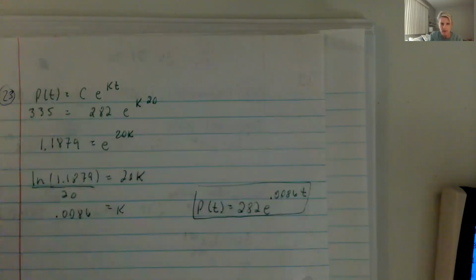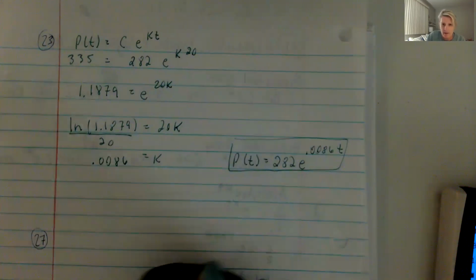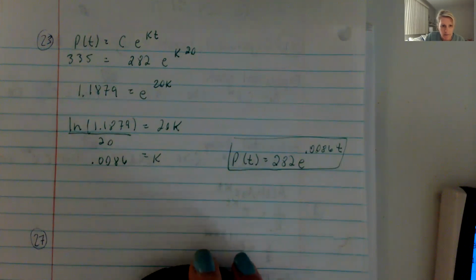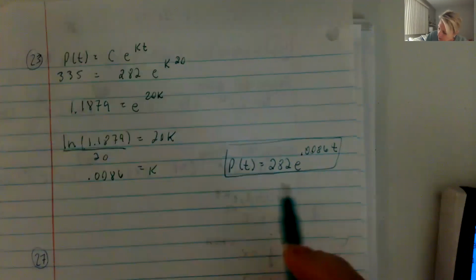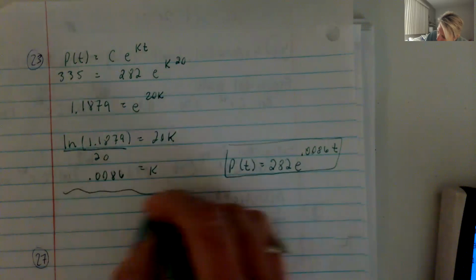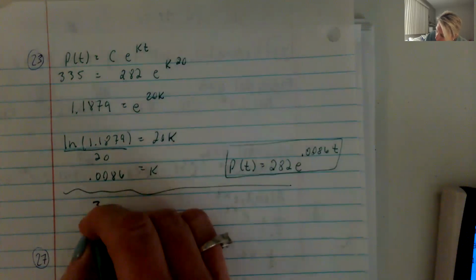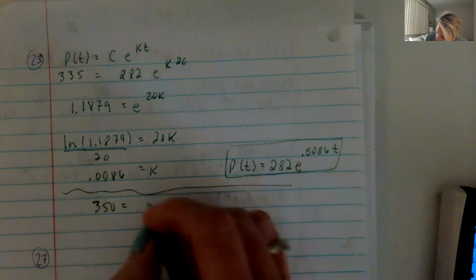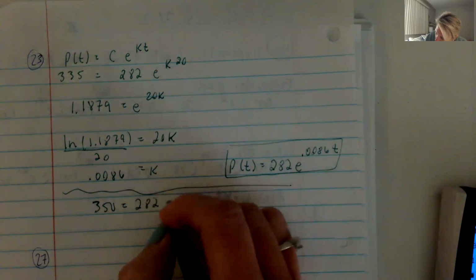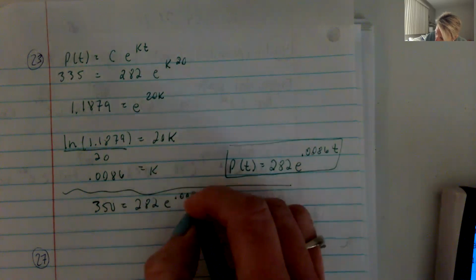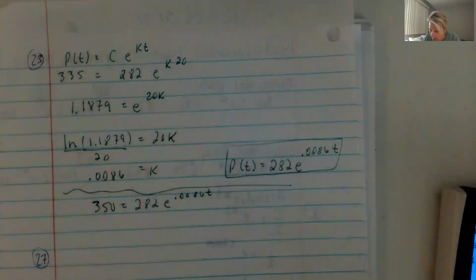So we could set this equal to 350 = 282e to the 0.0086t.